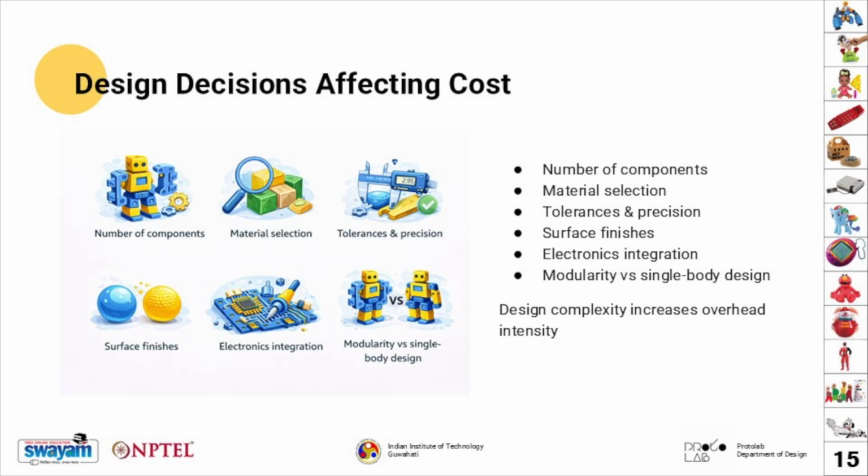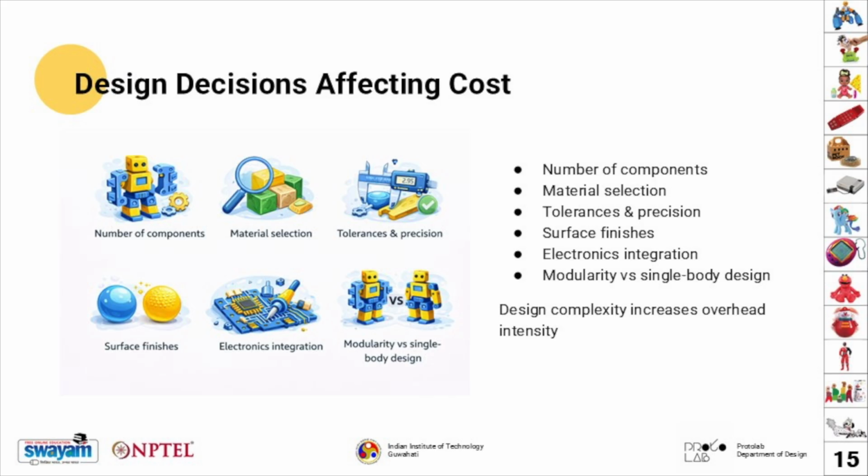More parts means more molds, more assembly steps, more inspection points, and more packaging complexity. Material choice matters. Switching from ABS to food-grade silicone changes not only raw material cost, but also molding cycle time. Longer cycle times reduce output per hour, increasing overhead allocation per unit.